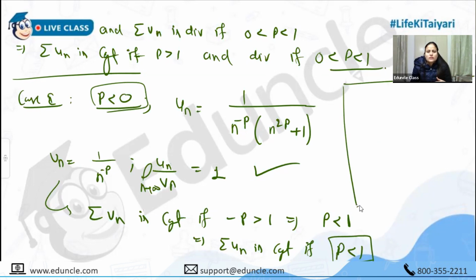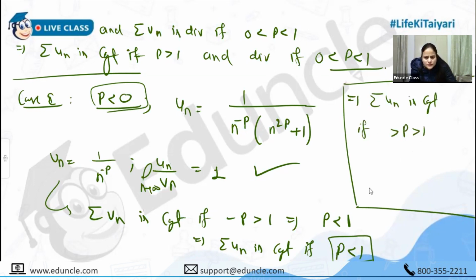Correct है? So this will imply the given series Un is convergent if p is greater than 1 and less than, एक second, wait.